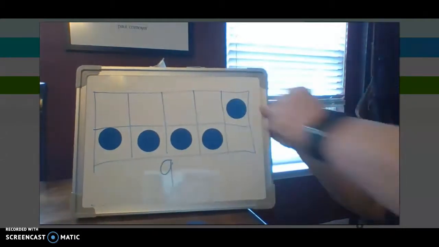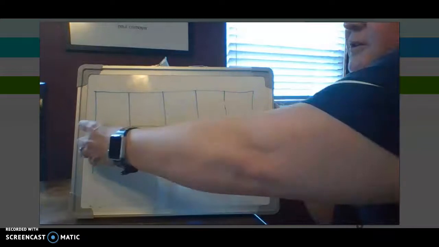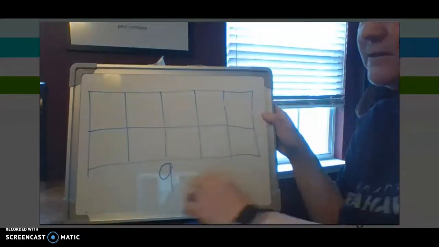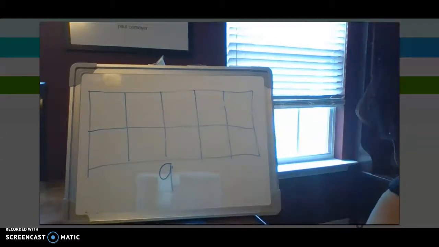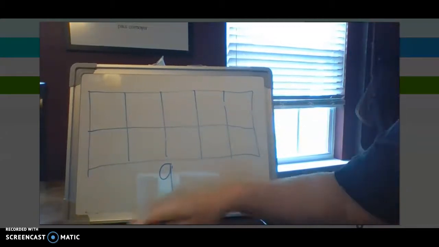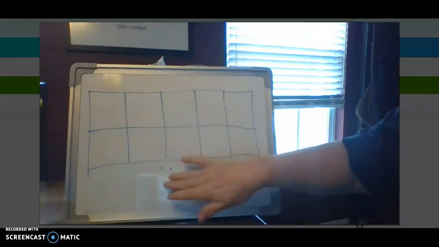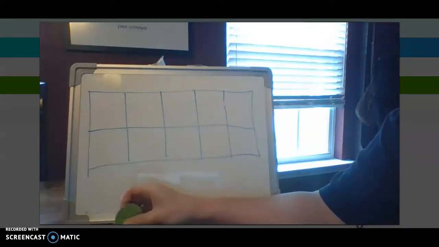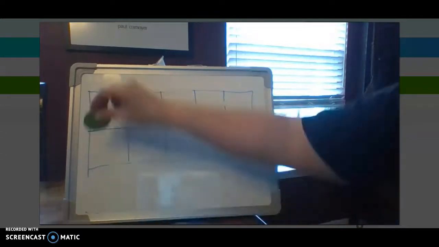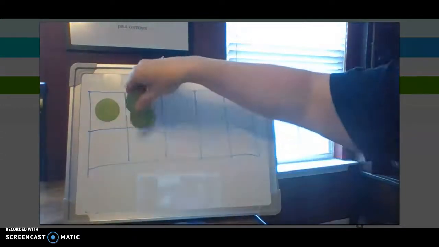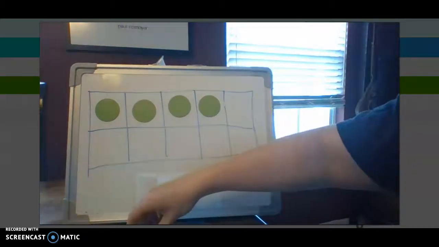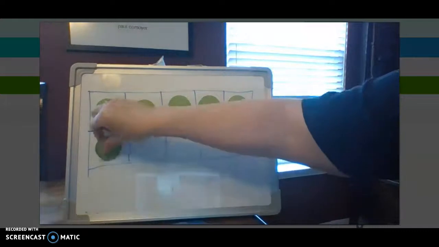All right. Let's do another one. Let's do our story problem. JoJo was at the store and she wanted 6 Hershey bars. 1, 2, 3, 4, 5, 6.